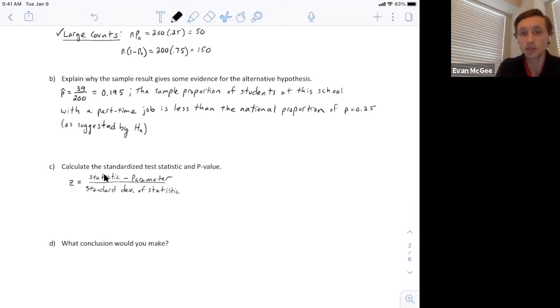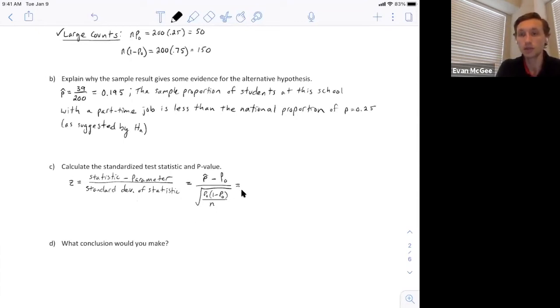Our statistic is p hat. The parameter or the null is p naught, and then the standard deviation of the statistic is the formula for the standard deviation, assuming the null is true. I just want you to be familiar with what each of these mean.